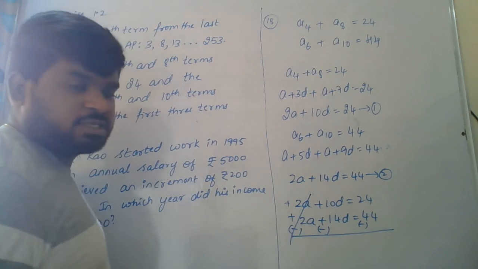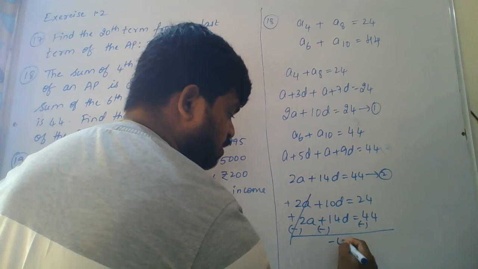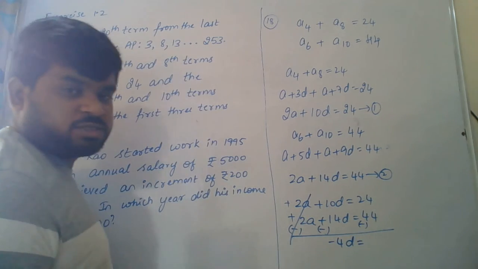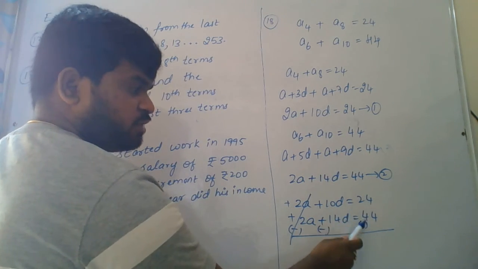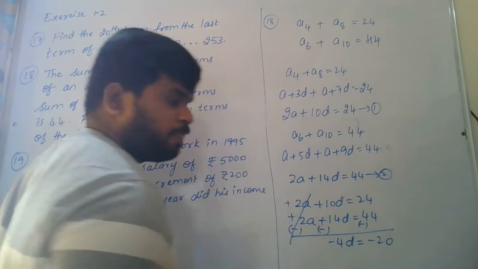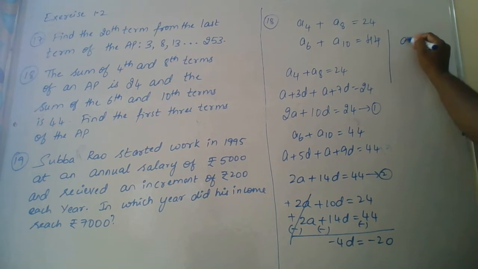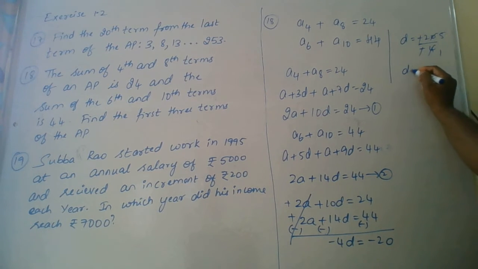Plus 2A minus 2A gets cancelled. Plus 10D minus 14D is minus 4D, equals 24 minus 44, which is minus 20. Therefore D is minus 20 divided by minus 4. Minus minus gets cancelled, 4 fives are 20. Therefore, the value of D is 5.